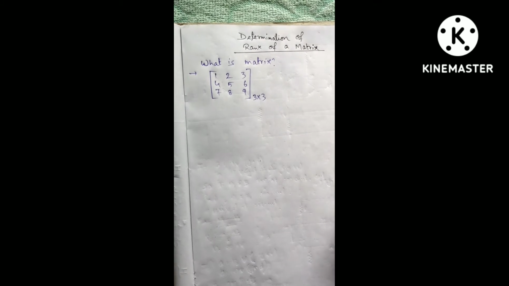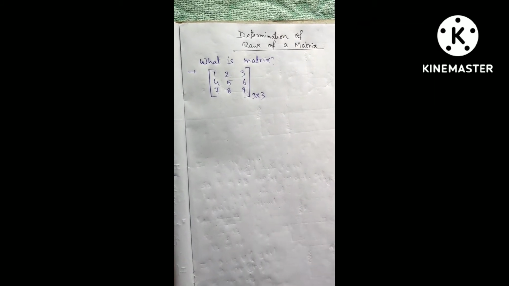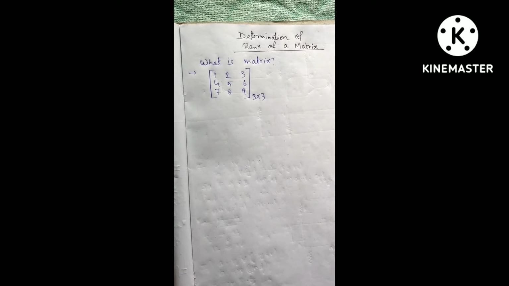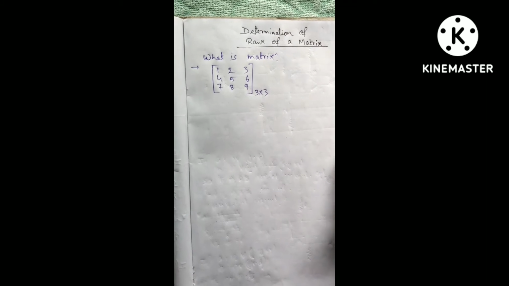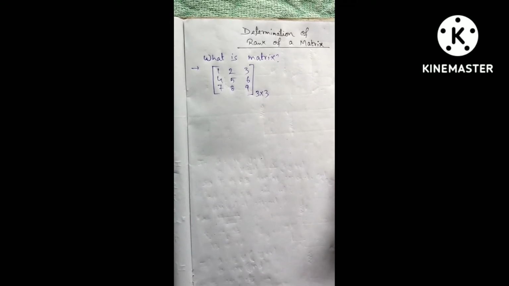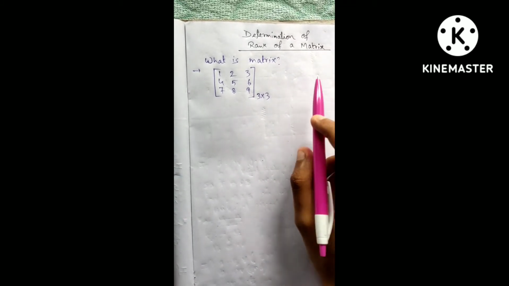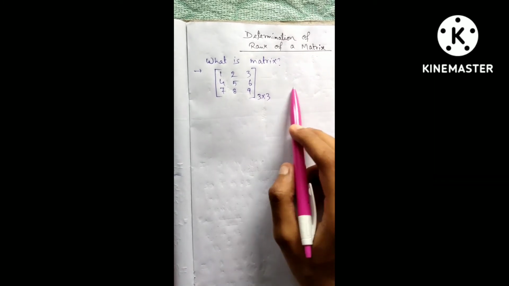Okay, it does not matter whether the number of rows and the number of columns are equal or not. So we have known what a matrix is and its form.